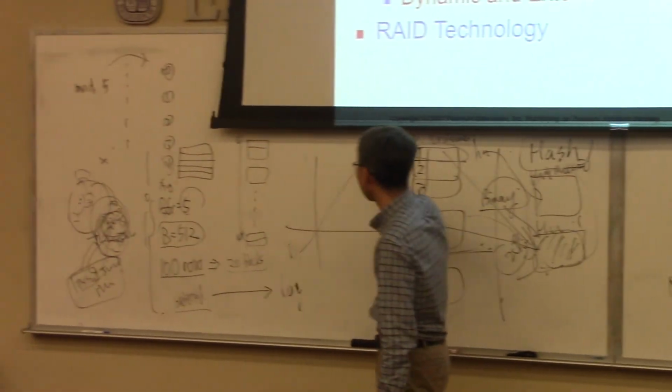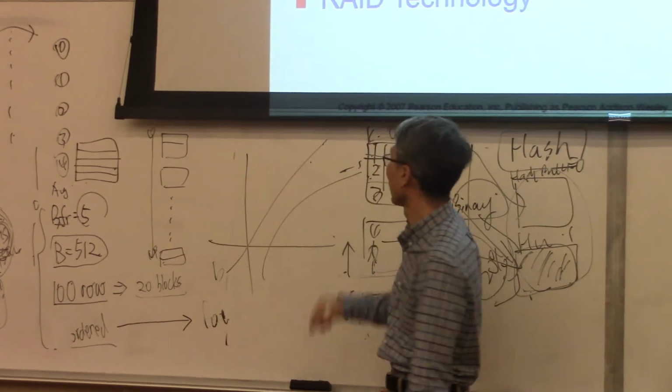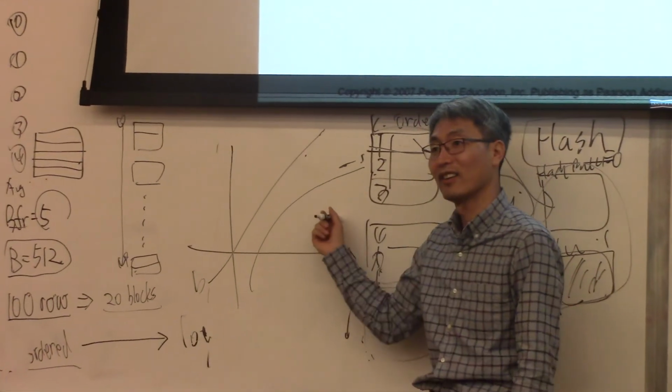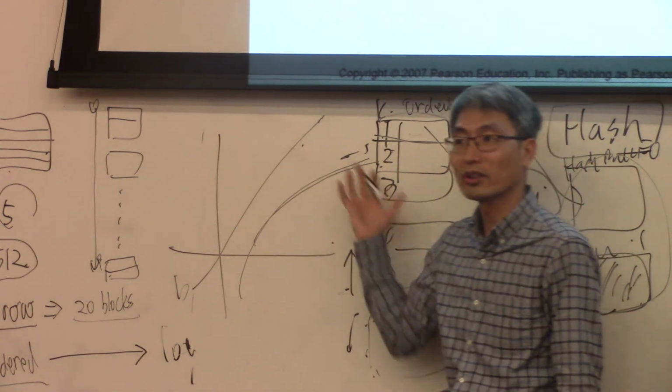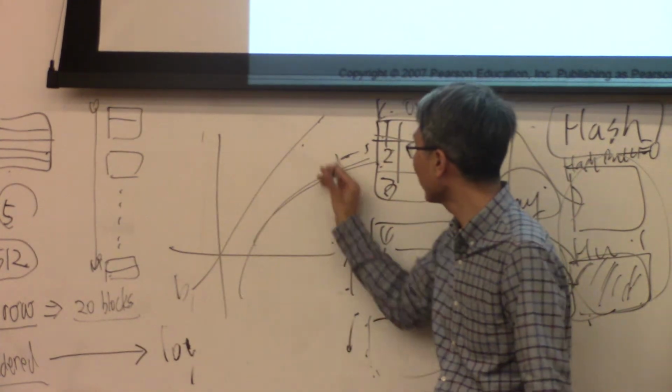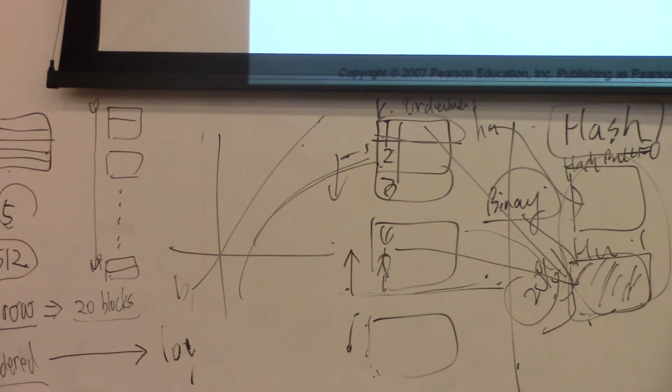Linear is definitely like this: the more data you have, the longer it takes. Log B is still better, but still, the more data you have, the longer time it takes. So we need to lower the complexity.